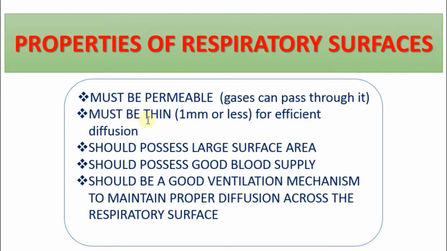It must be thin, about 1 millimeter or less, for efficient diffusion. It should possess a large surface area, should have a good blood supply, and a good ventilation mechanism to maintain proper diffusion across the respiratory surface. These are the properties of respiratory surfaces.